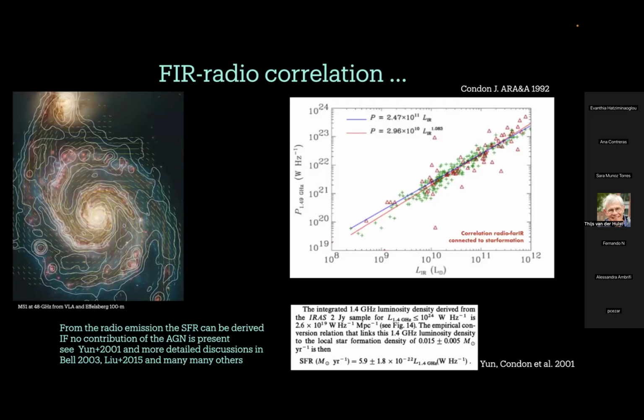If it is only star formation, it would follow this correlation. If there is an AGN as an extra component, it would put your radio flux or radio luminosity above this correlation. I'm sure you are familiar with that, but I thought it was important to remember because in many cases it's straightforward, and in other cases the most complicated are a mix.